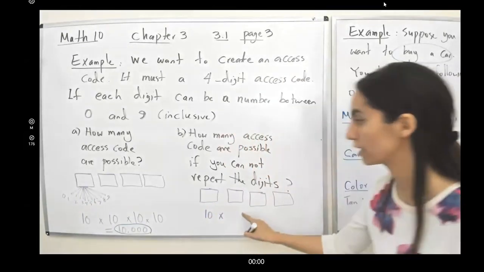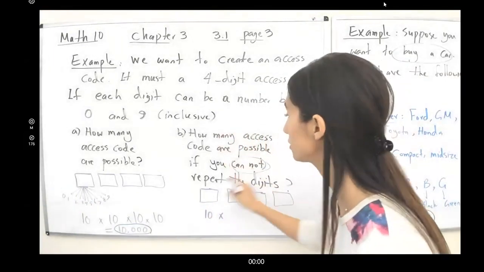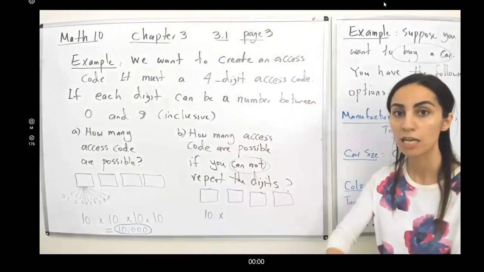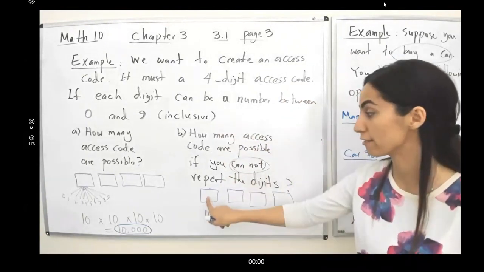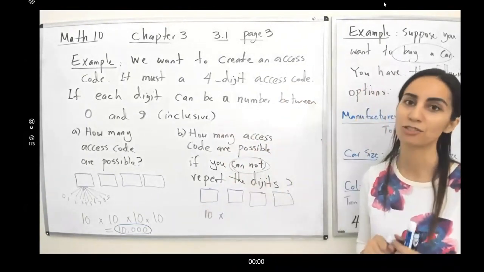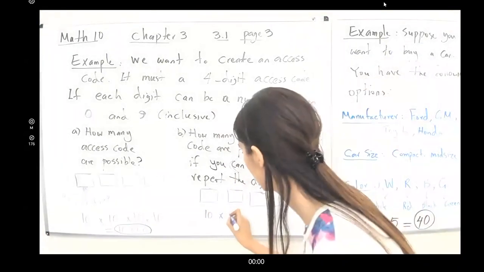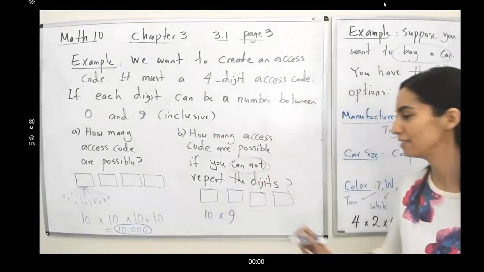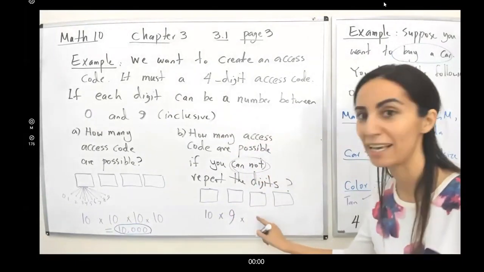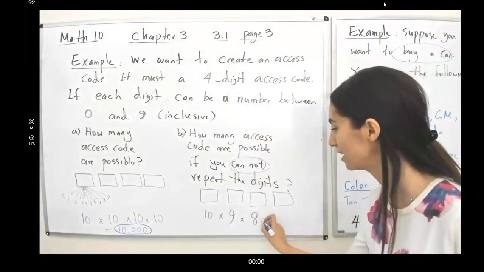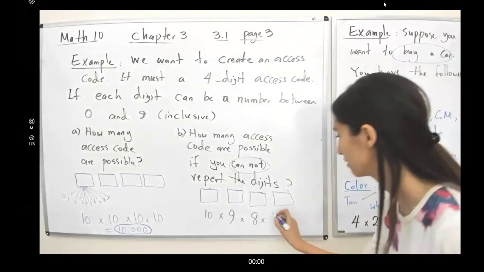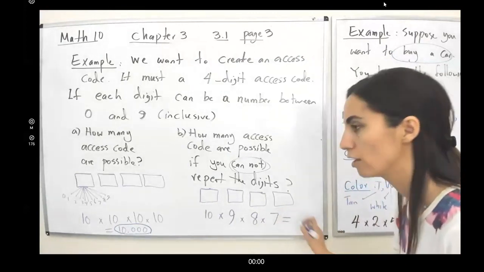What about the second one? You cannot repeat the digit. It means that if you take, for example, 0 as the first digit, you cannot repeat 0 again. So you're left with 9. Then 8. Then 7. Excellent.